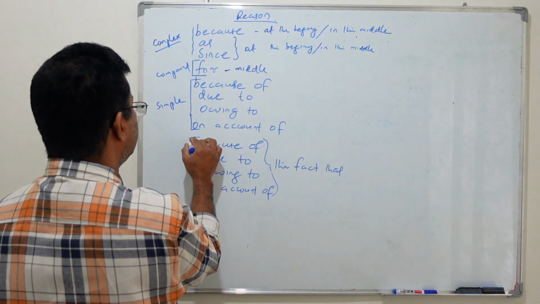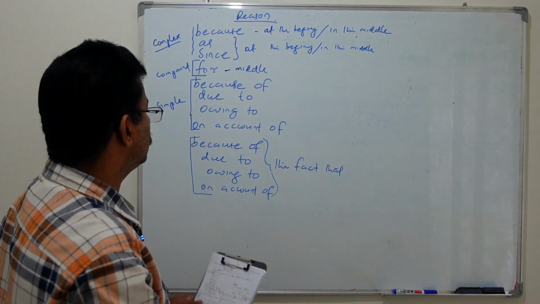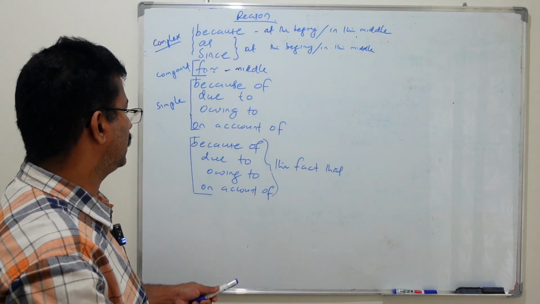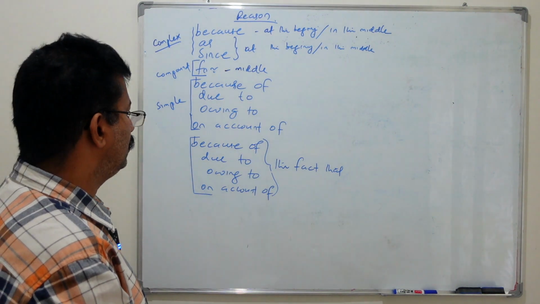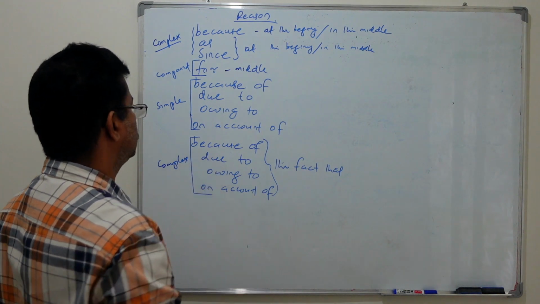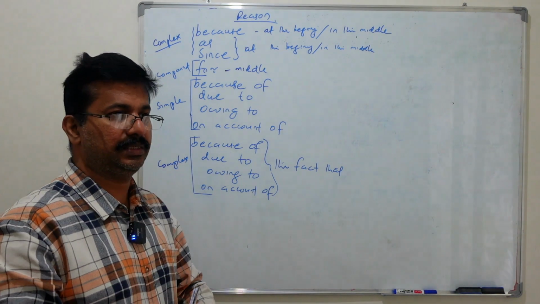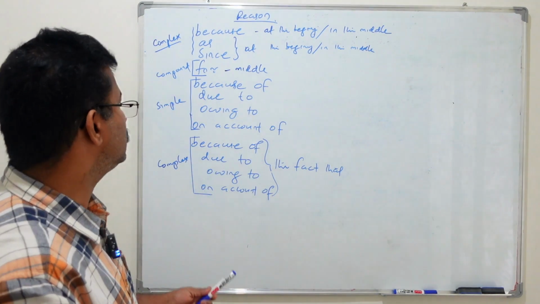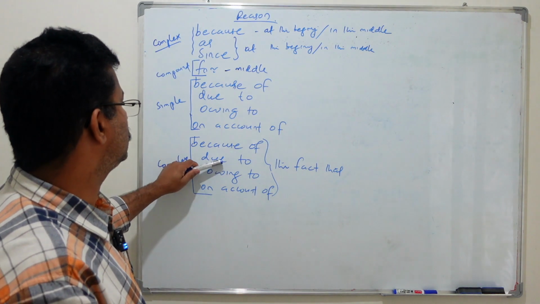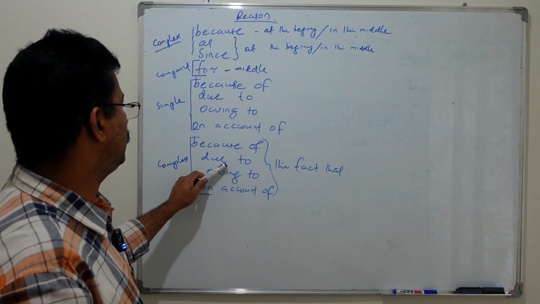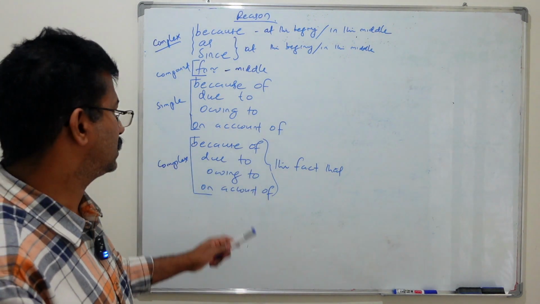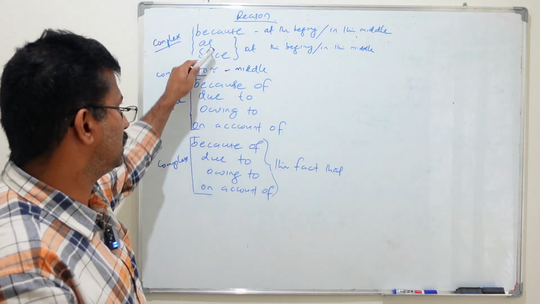If you are making a sentence using because of the fact that, due to the fact that, owing to the fact that, and on account of the fact that, again you are making a complex sentence. That means because, as and since are similar to because of the fact that, due to the fact that, owing to the fact that, and on account of the fact that, because we are making complex sentences.